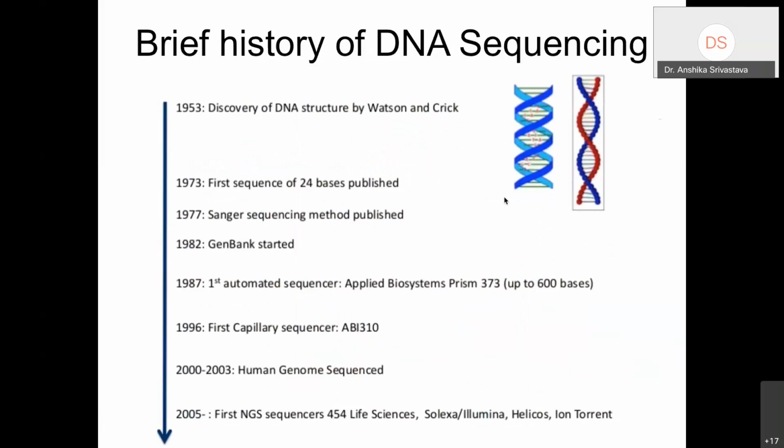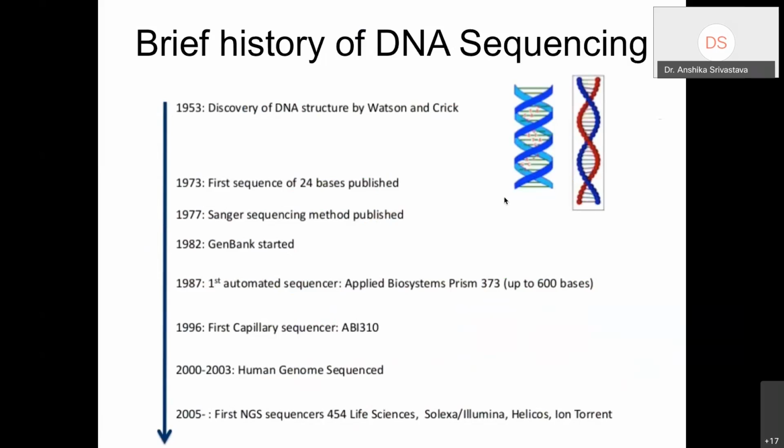So in 1953, the discovery of DNA structure was made by Watson and Crick. The first sequence of 24 bases was published in 1973, followed by the Sanger sequencing method in 1977, and GenBank started in 1982. Then in 1987, we have the first automated sequencer, from Applied Biosystems, the Prism 373.